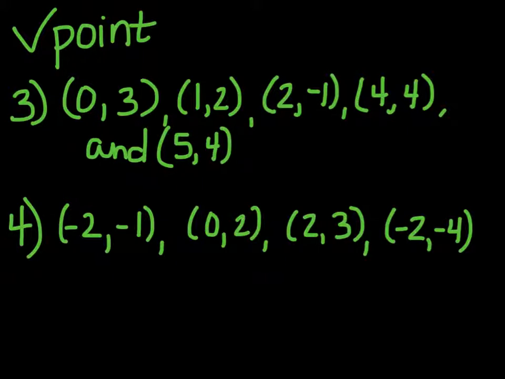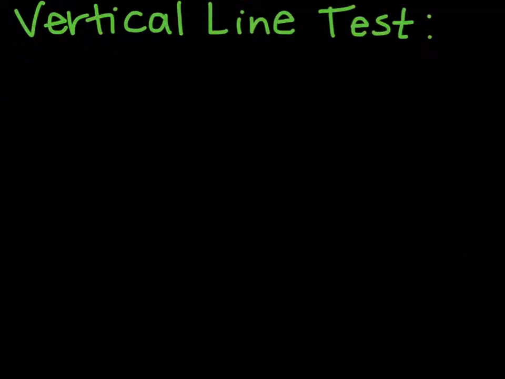We have one final concept to learn before you're ready to move on to the exercises. Our last idea for Chapter 8.1 is the vertical line test. When you represent a relation on a graph, you can use something called the vertical line test to tell whether that relation is a function. The vertical line test says that if you can find a vertical line passing through more than one point on the graph, then the relation cannot be a function.